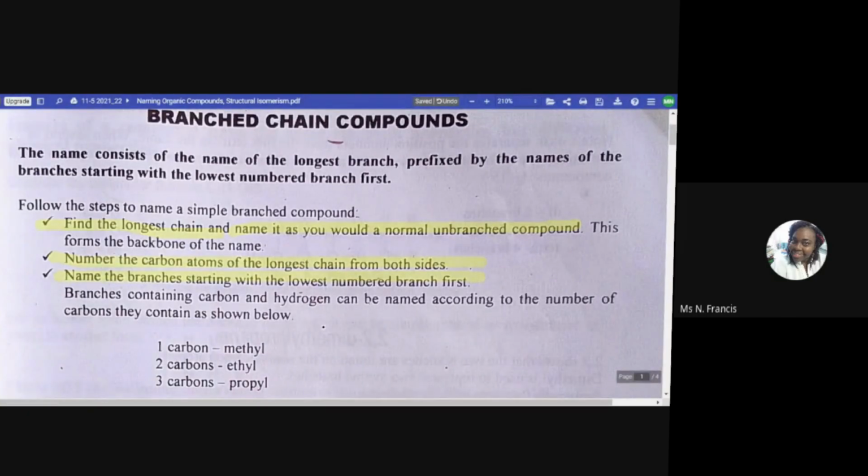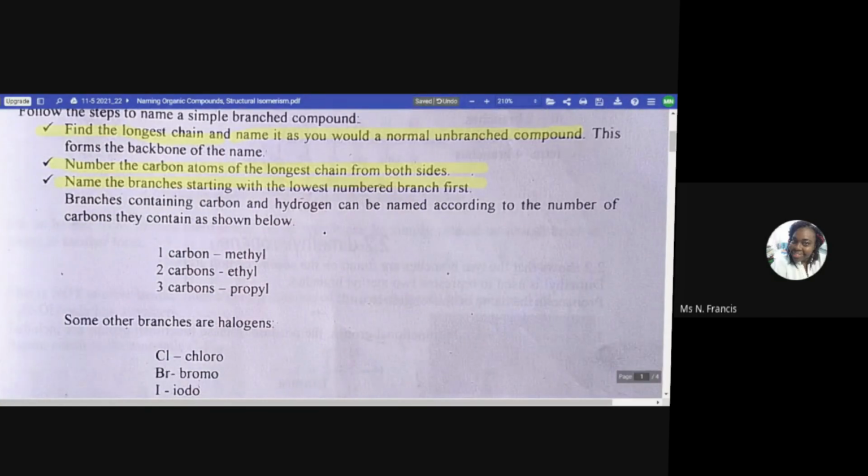All right. Now, what are branches? Branches look different. One, they're going to be coming off the main chain. I would like to use that idea of a chain, right, and a pendant. So think about a pendant.